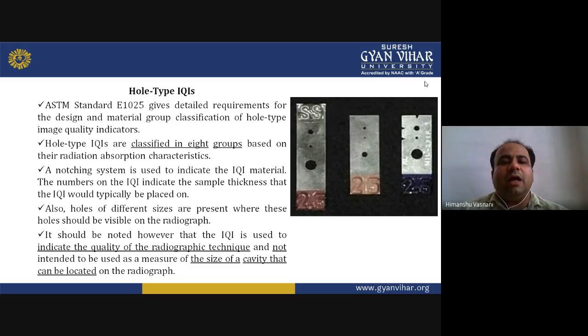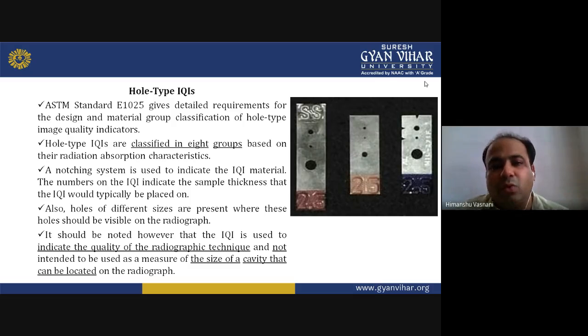Since the name of the type is hole type IQI, they have holes of different sizes. It should be noted that the IQI is used to indicate the quality of the radiographic technique, not intended to be used as a measure of the size of a cavity that can be located on a radiograph.